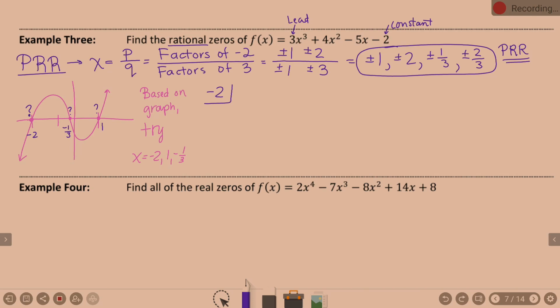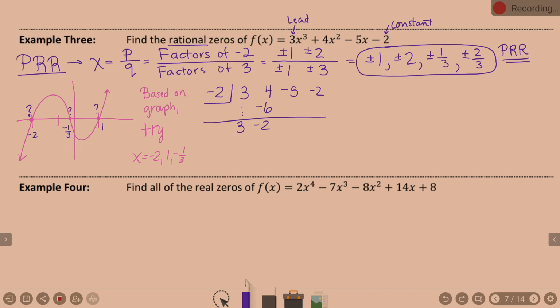So -2. What's going next to my -2? 3, 4, -5, and -2. Yes? Do your synthetic division. Drop the 3. -2 times 3 is -6. Add 4 and -6 is -2.